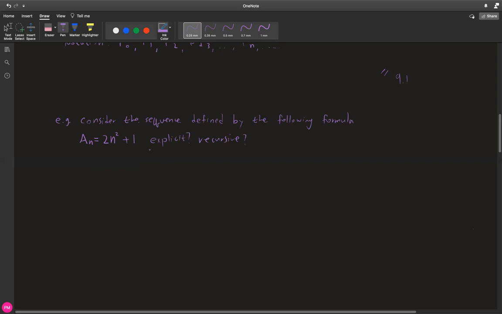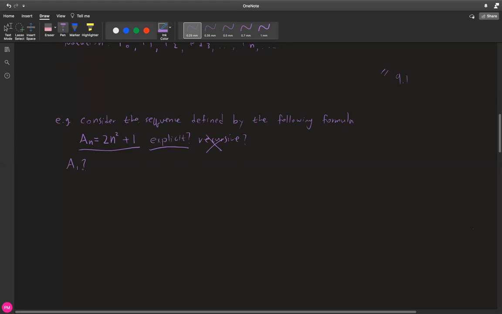So in this case, this is the explicit formula, not the recursive formula. Knowing that, how do you find a sub 1, in other words, the first term of the sequence?